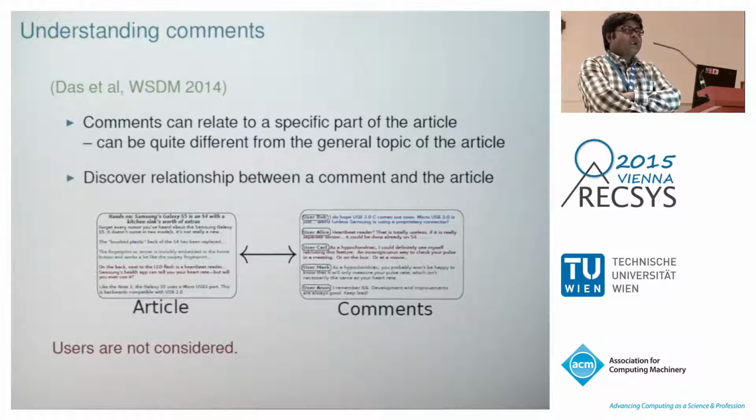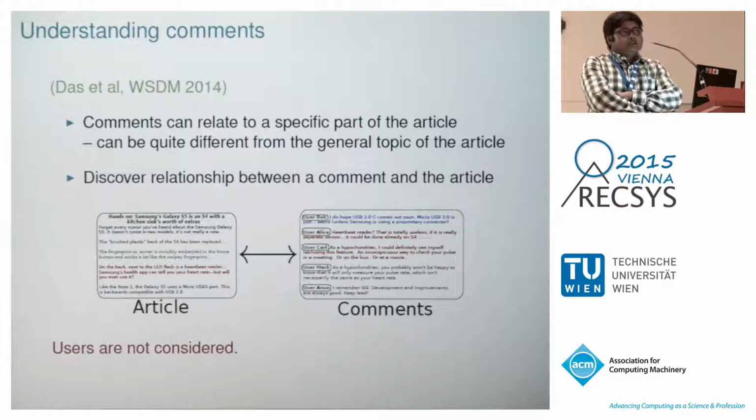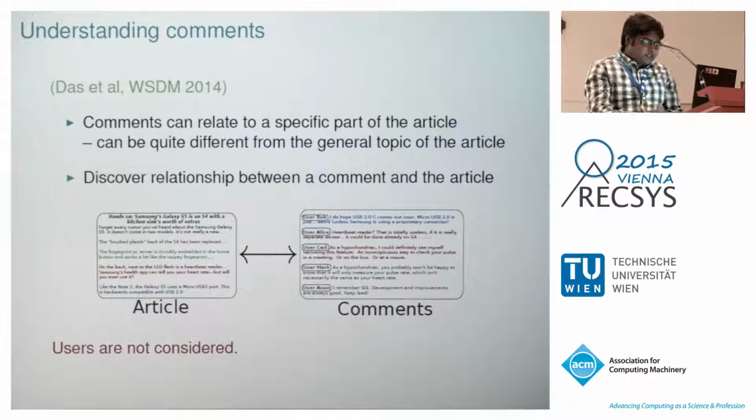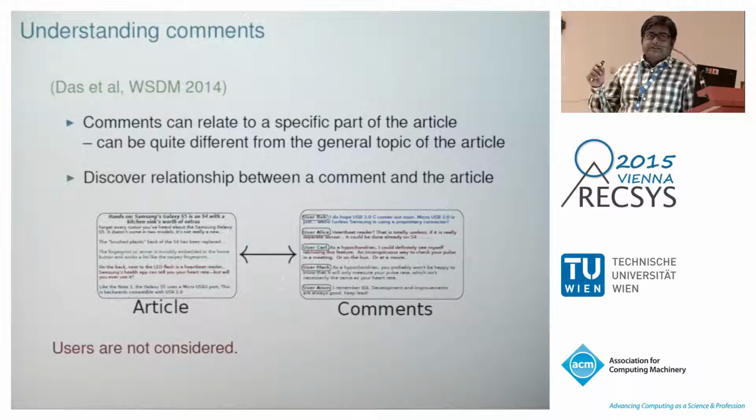article. What we observed is that a user commenting on a news article may be commenting on the entire article, or on a specific part of it. If you look at this example, the left side is the article and the right side is the comments. In the article, I have used color codes: different sentences have a color that shows the topic of that sentence, and on the right-hand side the color of the comment shows which part of the article it links to.